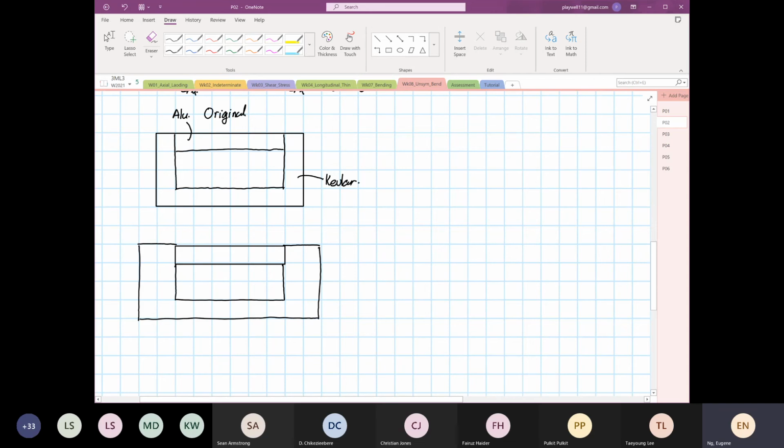So now this is our aluminum. Just write in short ALU. And then this is Kevlar. So that's our Kevlar. So now I'm going to again divide the structure.